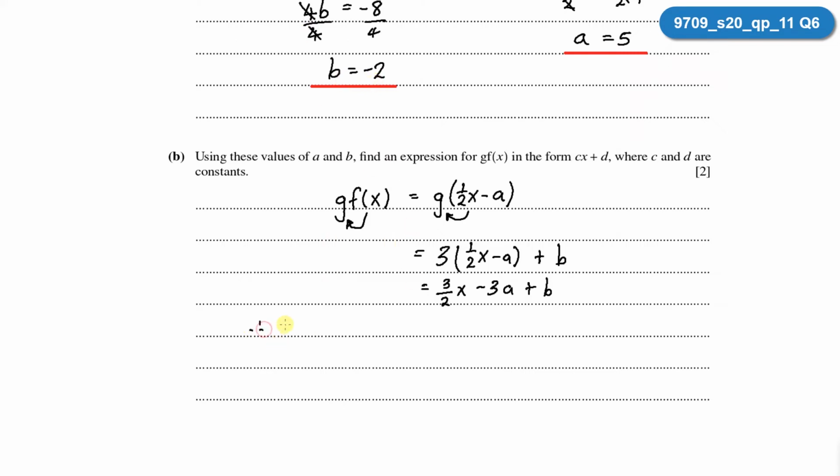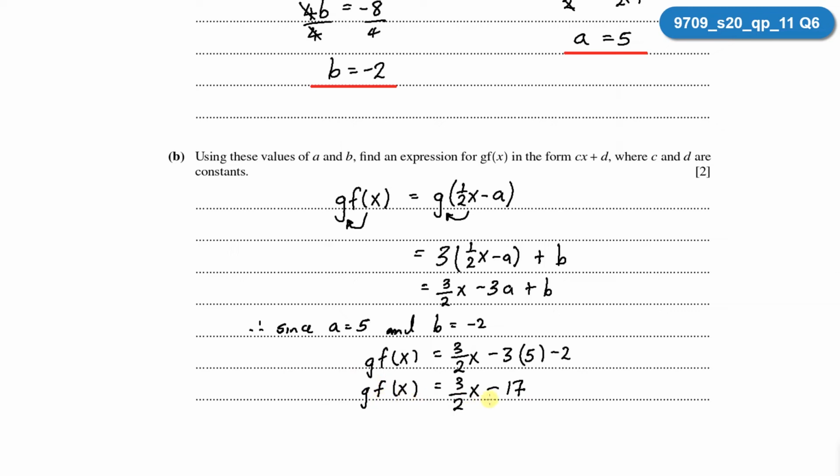So therefore, since a is 5 and b is minus 2, g of f of x will now be 3 over 2 of x minus 3 of a, which is 5, plus b, which is minus 2. So eventually we'll be getting 3 over 2 of x minus 15, from 3 times 5. So minus 15 minus 2, that's minus 17. And this is the value of g of f of x. So that's the answer to part b.